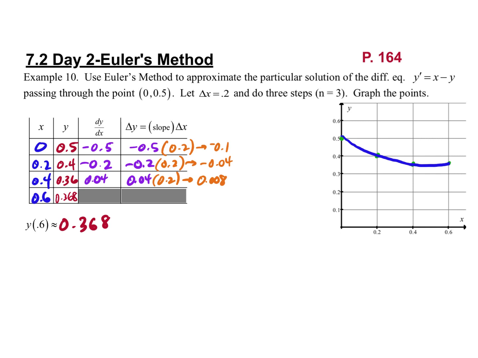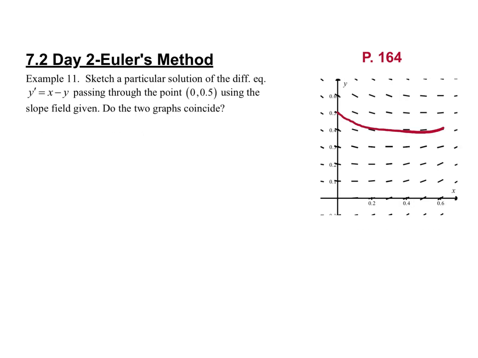Now, we could separate this one and we could actually solve it, but we're going to tie it to our slope fields a little bit. So the next example, I thought I'll put this up. All right, I drew this particular solution curve. I think it's pretty close from the point 0.5.